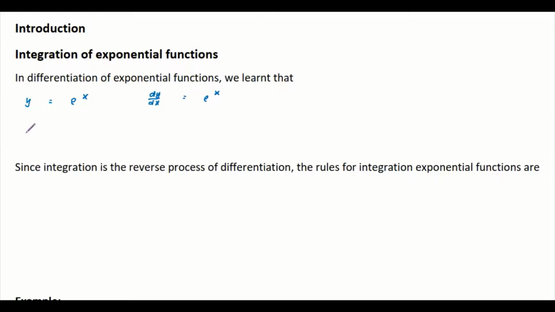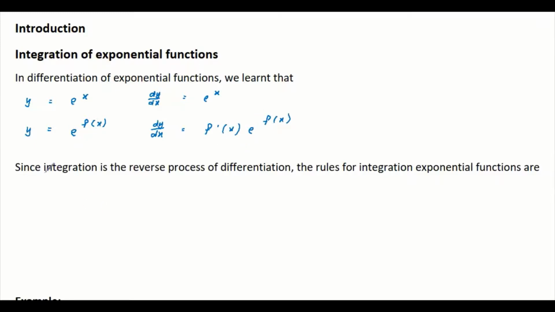If the indices for the natural base is no longer x, and you have any function as the indices, when you differentiate it, you need to multiply the derivative of the function with your original function. So for example, e to the power of 2x will become 2e^(2x).